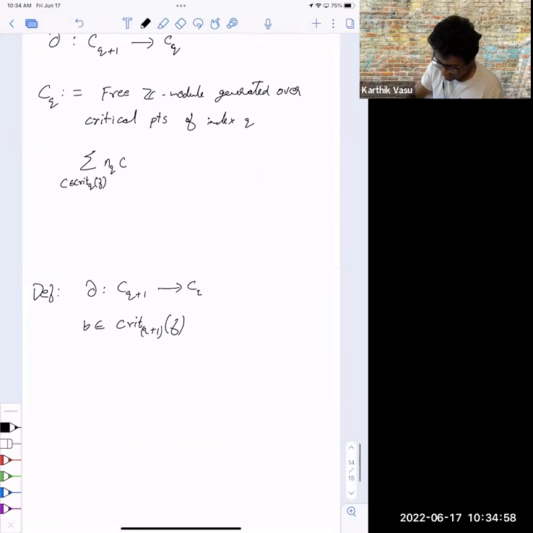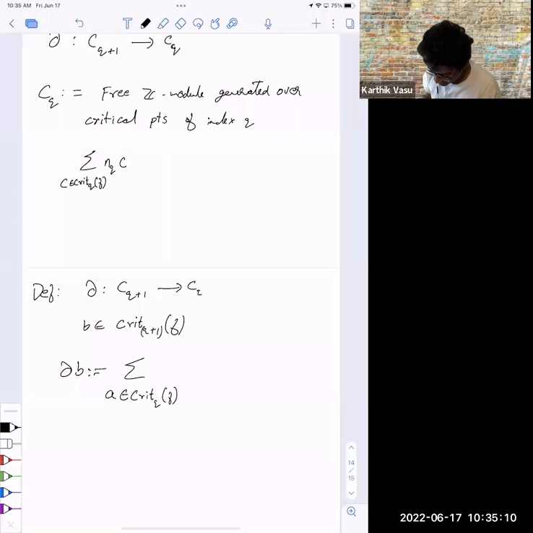So let's take a generator B here. What will I want this to be? This will be defined as the summation, taking every element A in the Crit_q of f, of N of BA times A. Okay, so that will be an element over here.